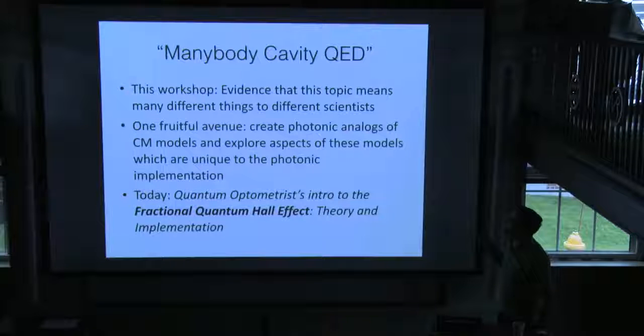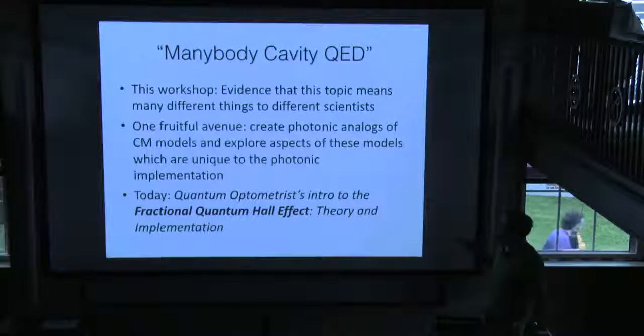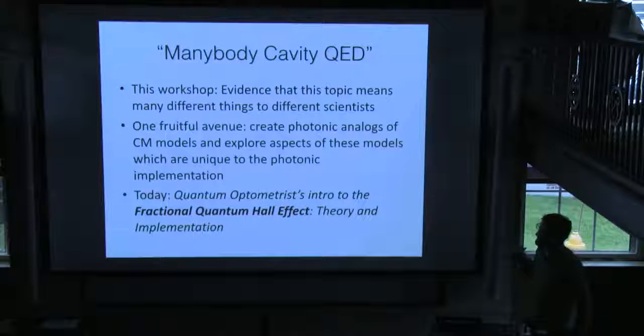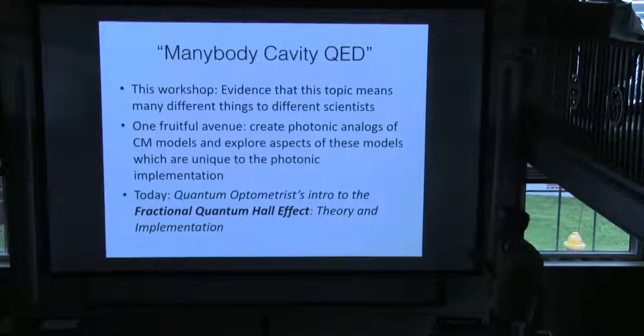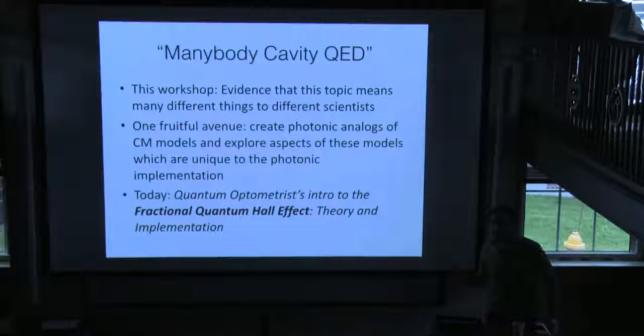I think one thing we've really taken away from this workshop so far is that many-body cavity QED means many different things to many different people. I think one neat avenue, and one that I'm pushing on, is making photonic analogs of condensed matter models, right? I don't think this is the only paradigm where one can explore interesting physics in a many-body, strongly correlated context.